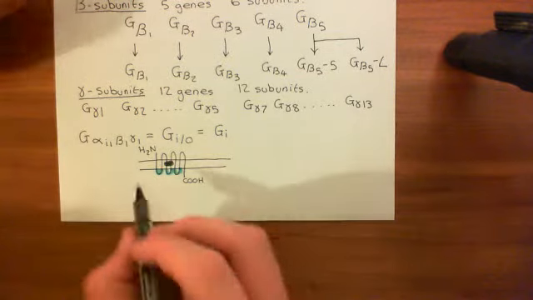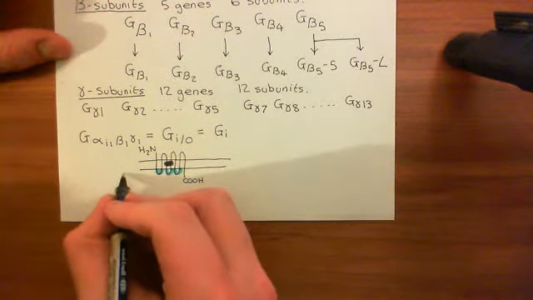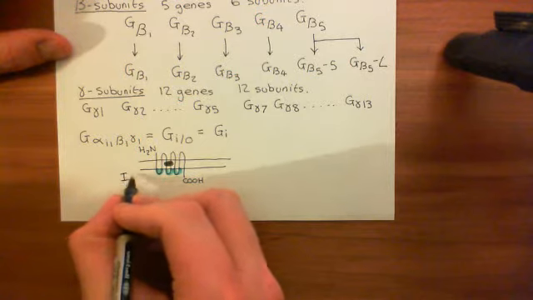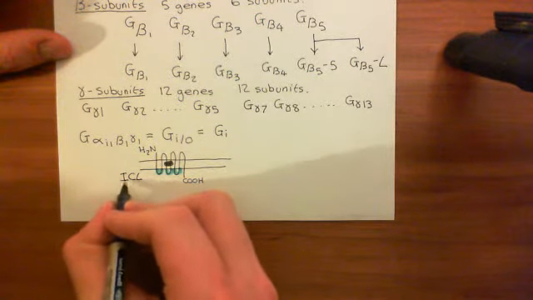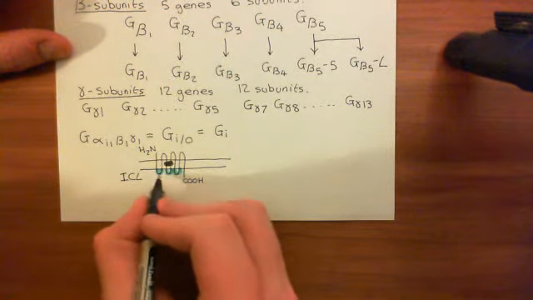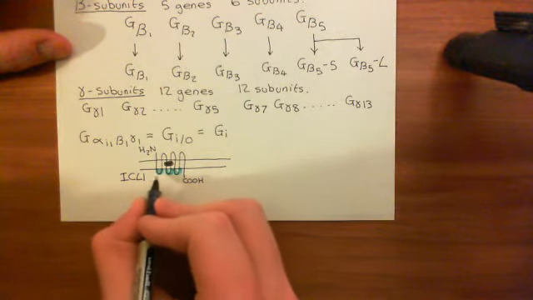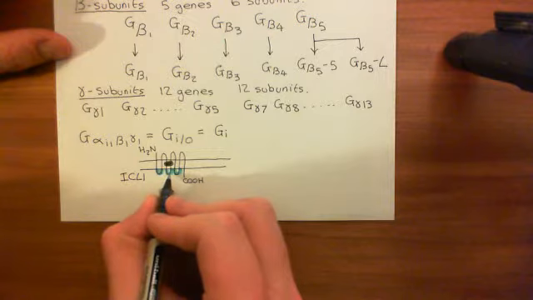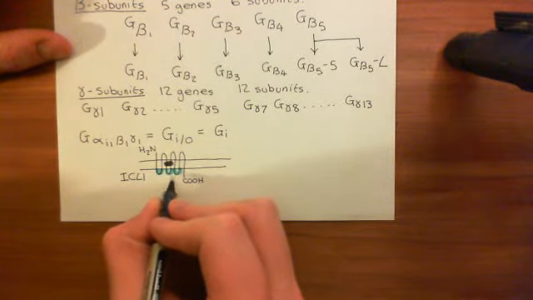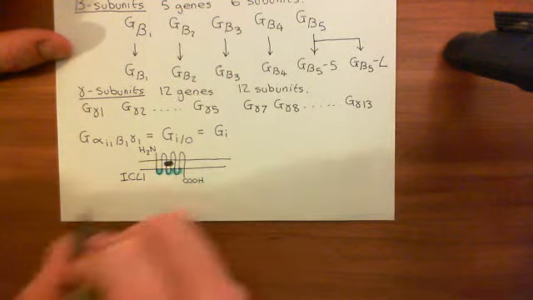I've highlighted them all in turquoise, and these are called the intracellular loops. An intracellular loop is abbreviated to ICL. So this one will be called ICL1, this one ICL2, and this one ICL3 for intracellular loop 3.